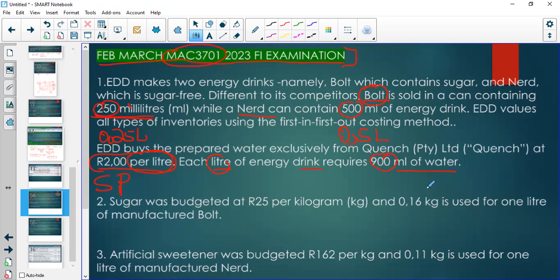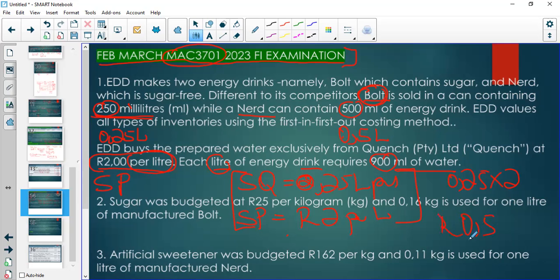Let's determine the cost of water required here, just for Bolt. The standard quantity is 0.25 liters per unit. The standard price is 2 rand per liter. We multiply the standard quantity times the standard price: 0.25 multiplied by 2 gives 0.5.